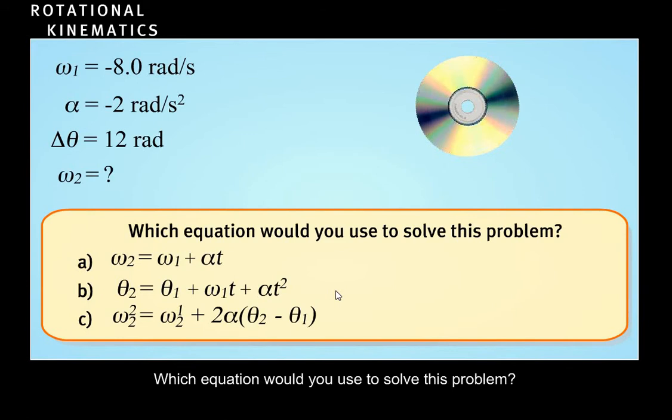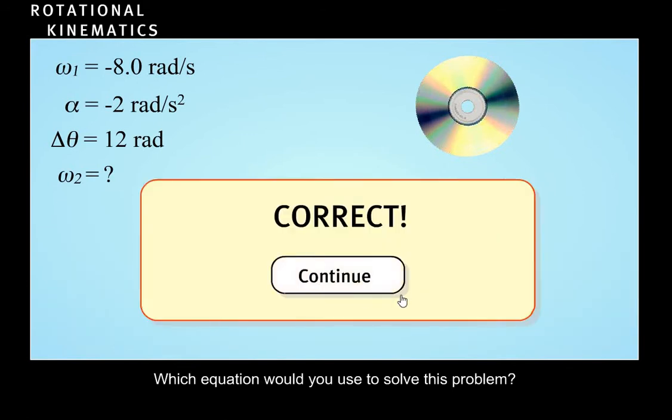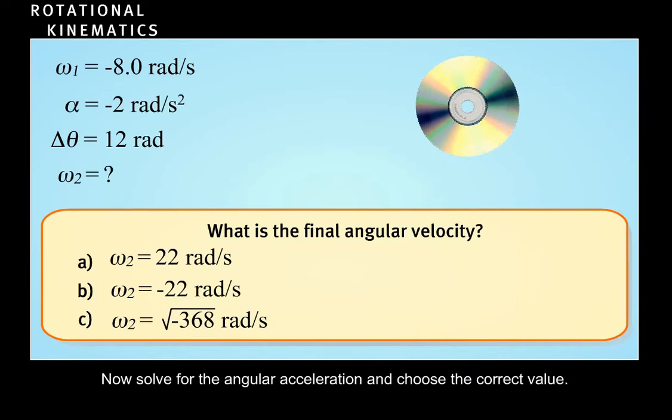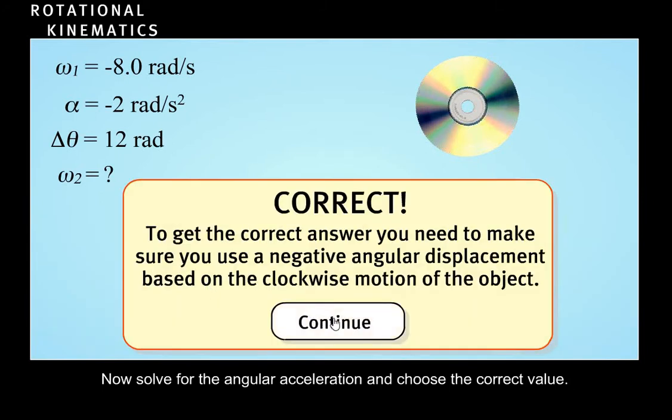Try again. That is correct. Now solve for the final angular velocity and choose the correct value. That is correct. To get the correct answer, you need to make sure you use a negative angular displacement based on the clockwise motion of the object.